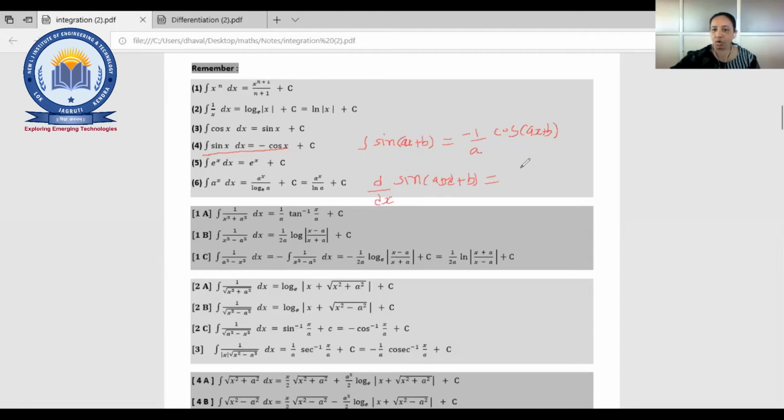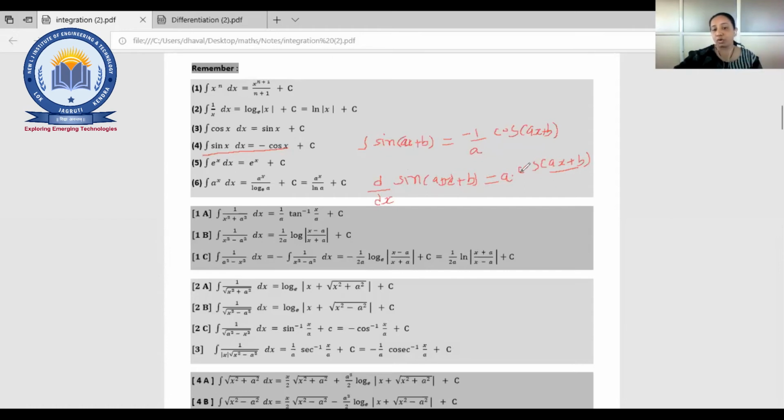That is cos ax plus b, and again you are going to do the differentiation of ax plus b, and you write it in multiplication: a into cos ax plus b.